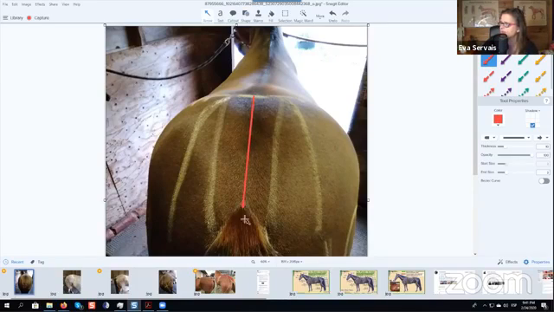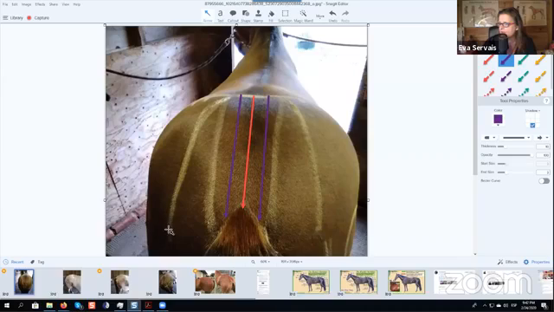So if this is the midline, then let me choose another color. I would put the other line here more or less, and on this side, I would put that line more or less. I can't feel the horse. I don't know how big the horse is, how high and how wide. So this is what you want to obtain. The red line here is the midline.